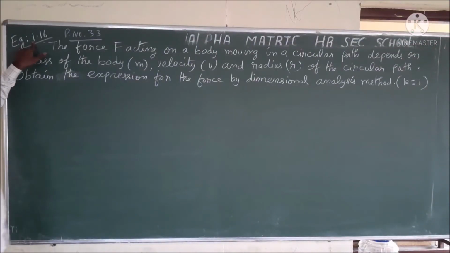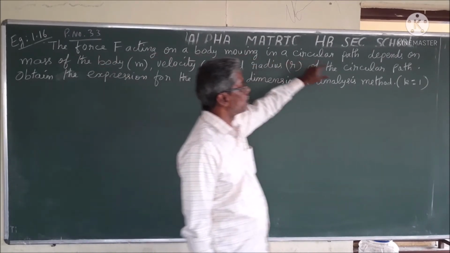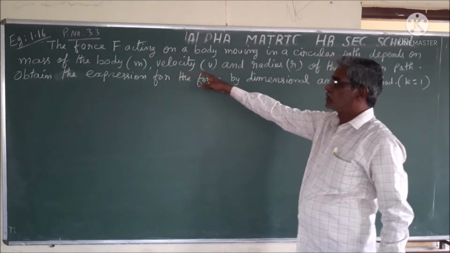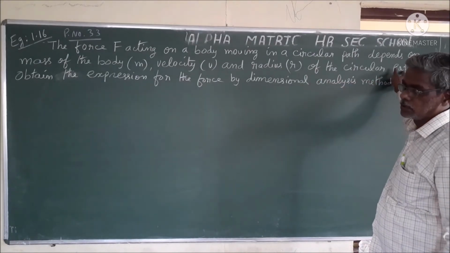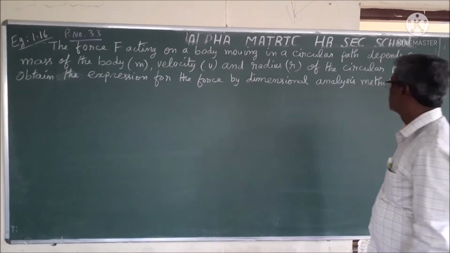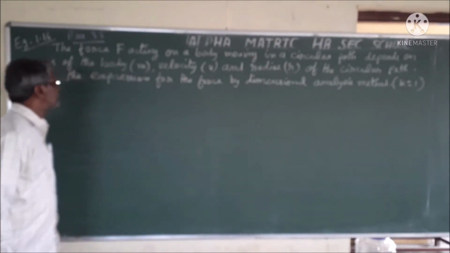Example 1.16. The force F acting on a body moving in a circular path depends on the mass of the body m, velocity v, and radius r of the circular path. Obtain the expression for the force by dimensional analysis method, given that K is equal to 1.